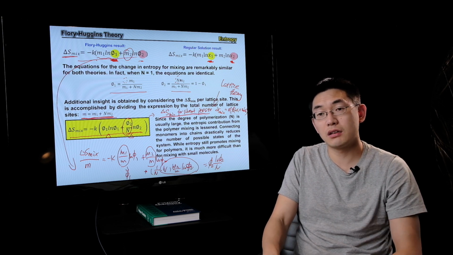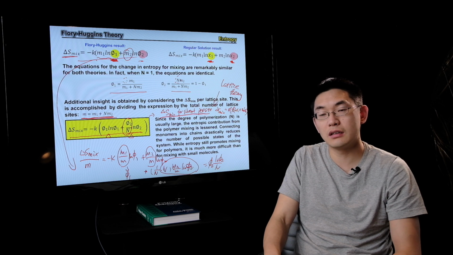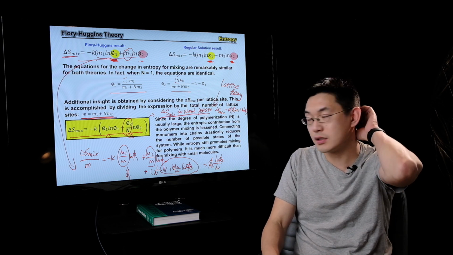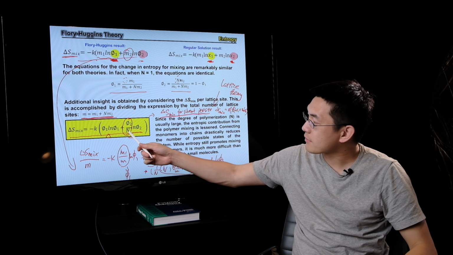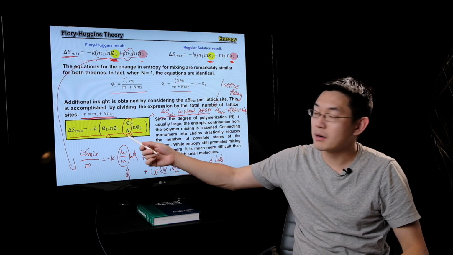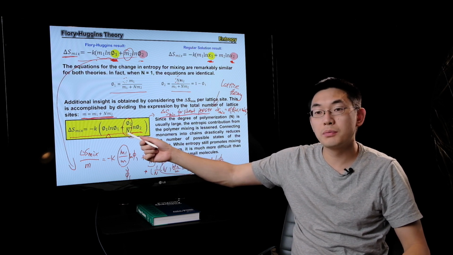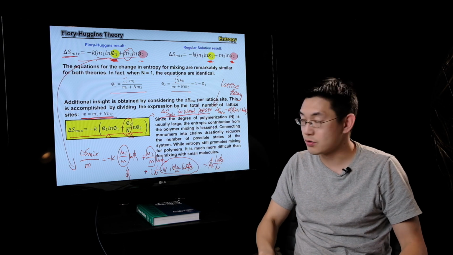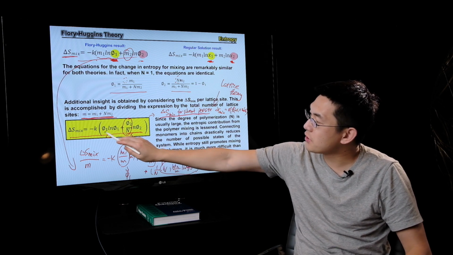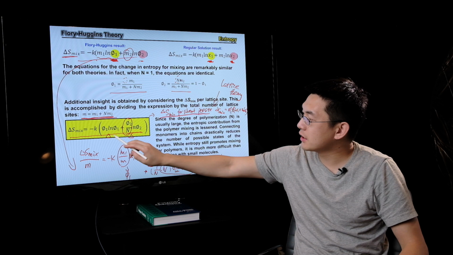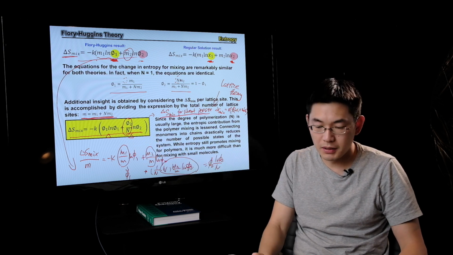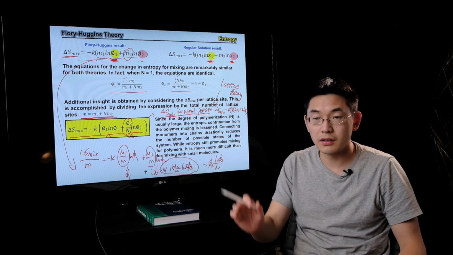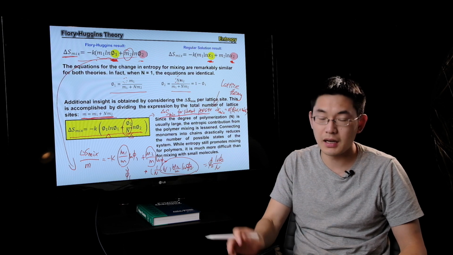A 10 kilodalton polystyrene is around 100 DP, right? So totally feasible. But your entropy contribution will be cut by a factor of 100. This means compared to the first term, the solvent entropy, the polymer entropy will be minimal. So all the contribution from the mixing is always promoted by the small molecule.